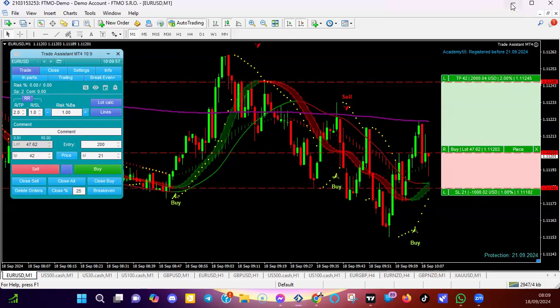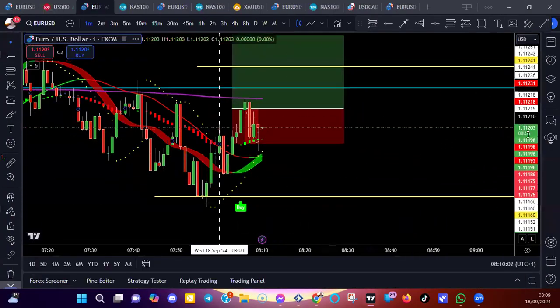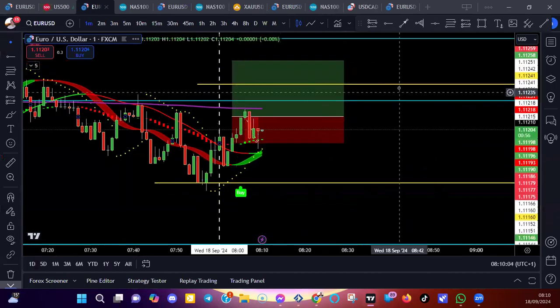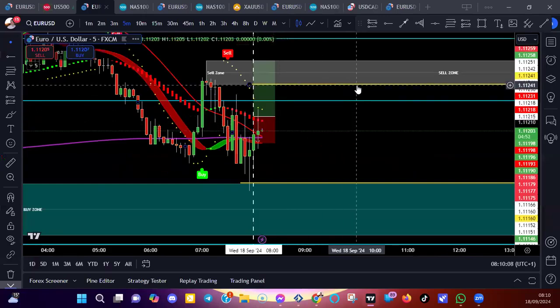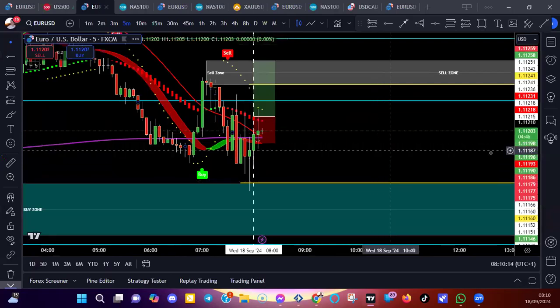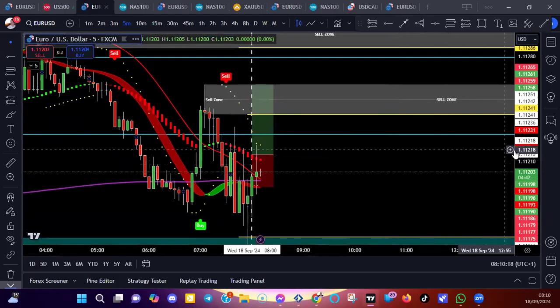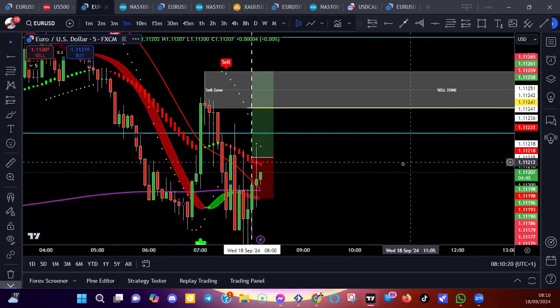Because like I said before, between that zone there, 24 to there, 16, it's an 8 pip move. It's not really good. I don't need to trade. I don't have to trade.